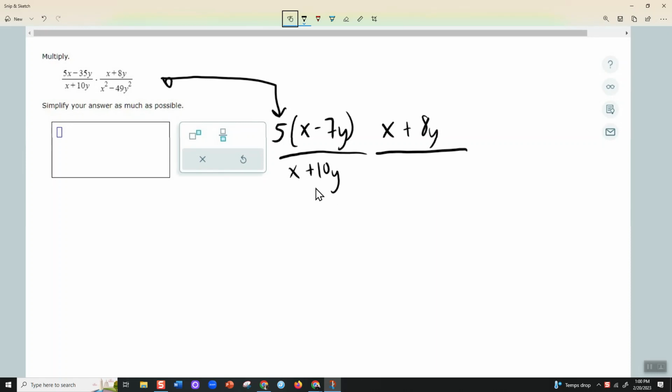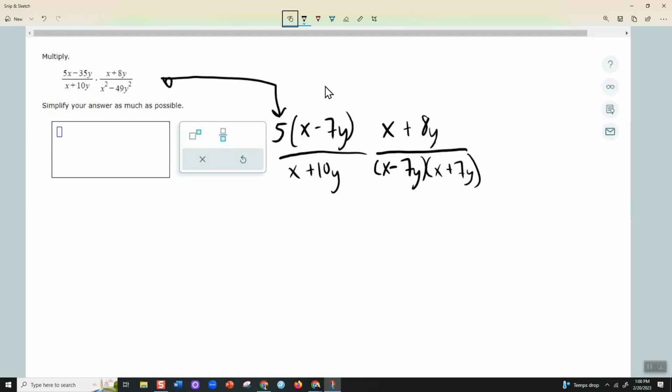This, however, is a difference of squares. Perfect square, so I can write it as the square roots added and subtracted: x minus 7y and x plus 7y.